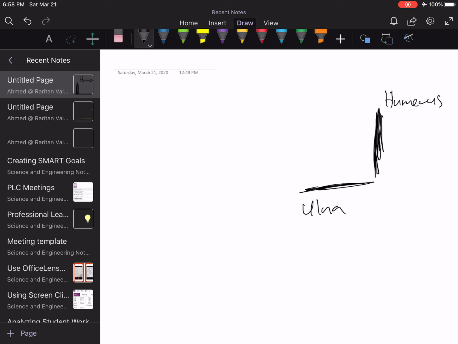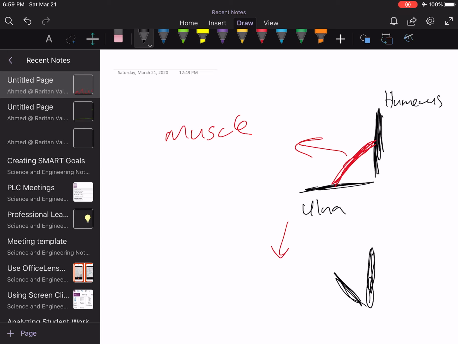Okay, here there is the muscle, that when it's contracting, it's bringing the ulna toward the humerus. So as a result of this contraction, the muscle is bringing the ulna toward the humerus.